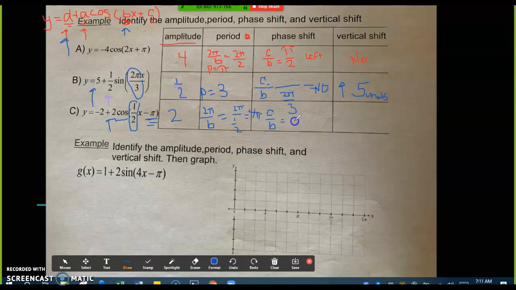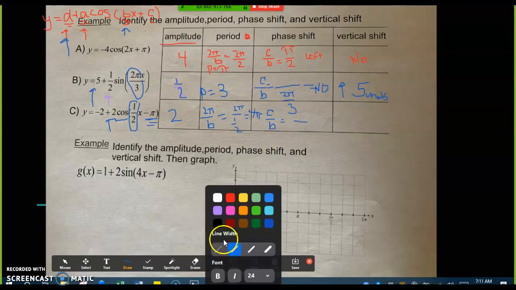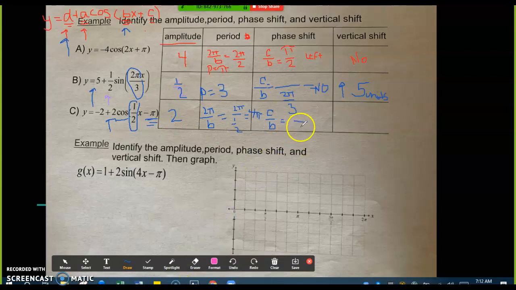We already know our B is 1/2. That is this number. Our C is the pi. I'm not worrying that pi is negative. The negative part just tells me what direction I'm going.